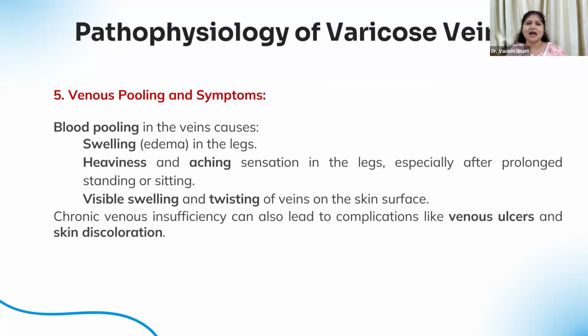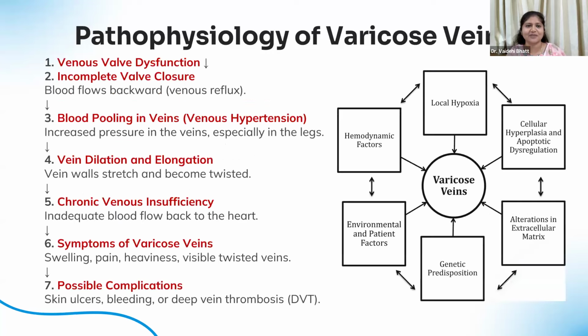So, venous pooling and symptoms. Blood pooling in the veins causes swelling, heaviness, aching, and visible swelling and twisting of the veins on the skin surface. This chronic venous insufficiency also leads to complications like venous ulcers and skin discolorations.